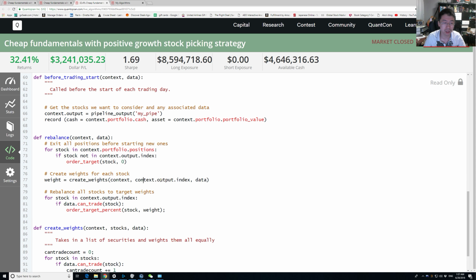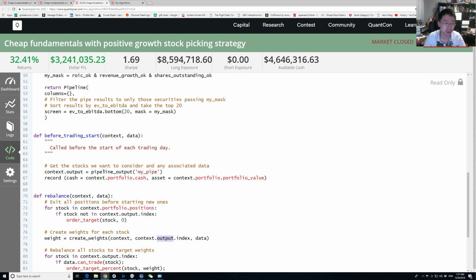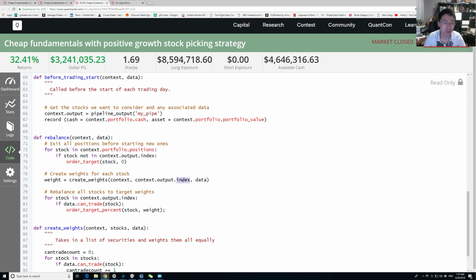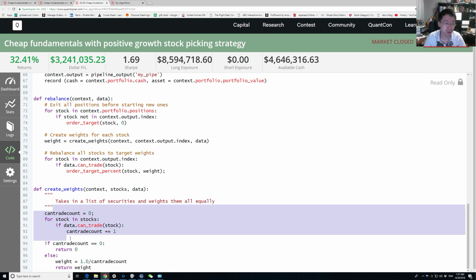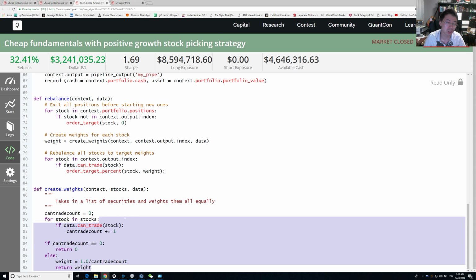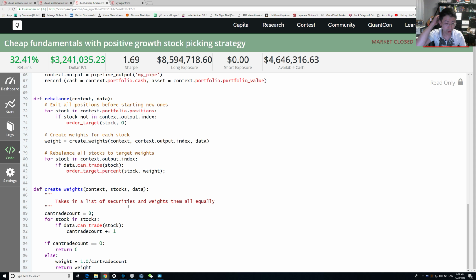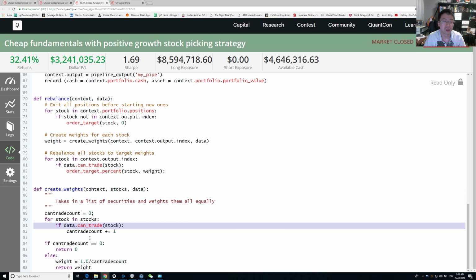So this context.output comes from the pipeline. So that then goes into here. It is quite simply like, if I can trade it, I would include it. If I cannot trade it, I will forget about it.